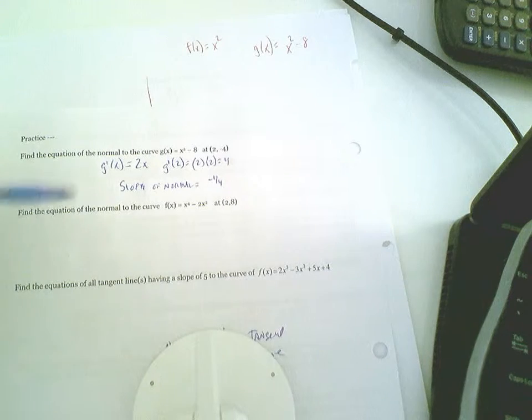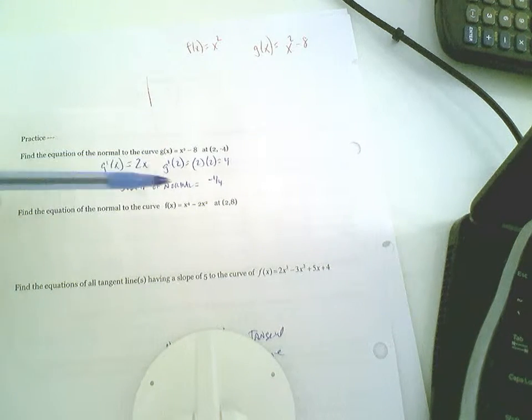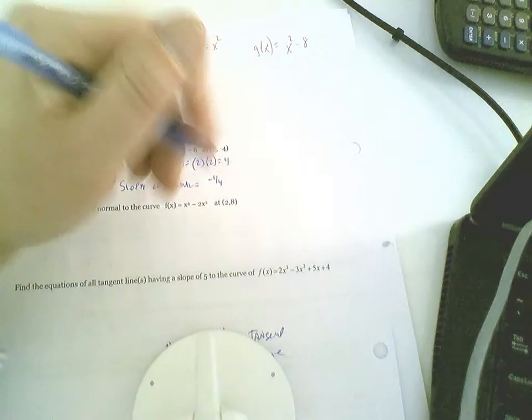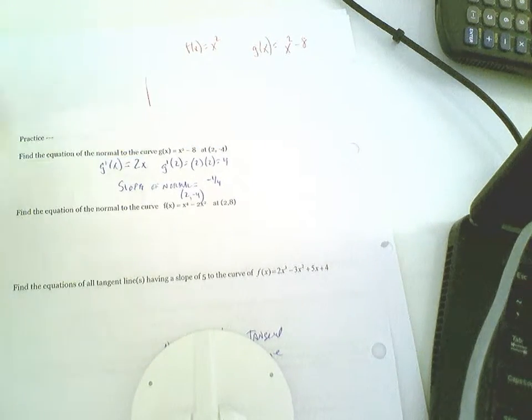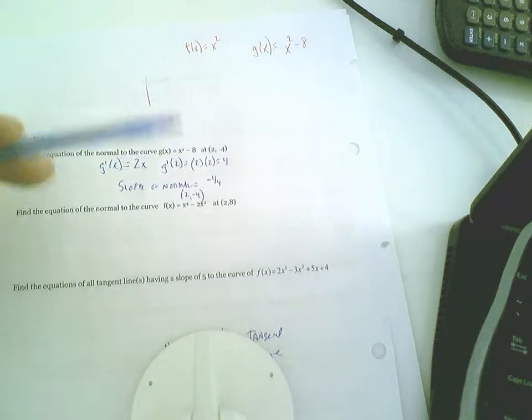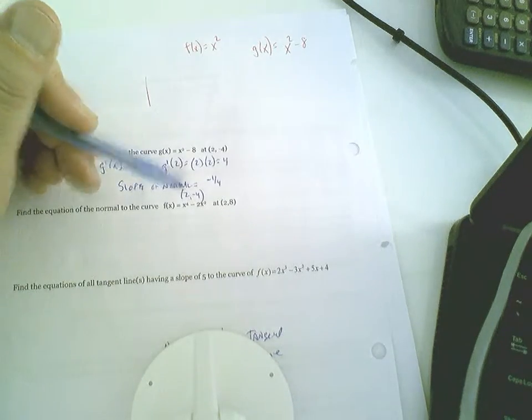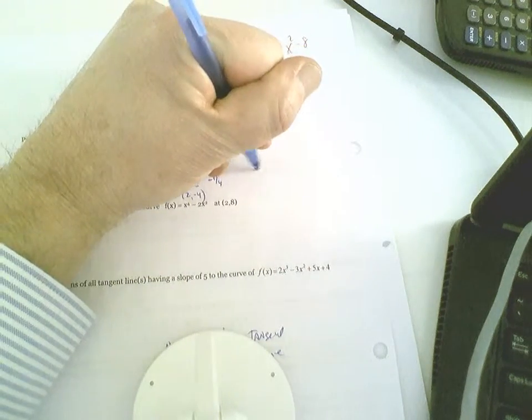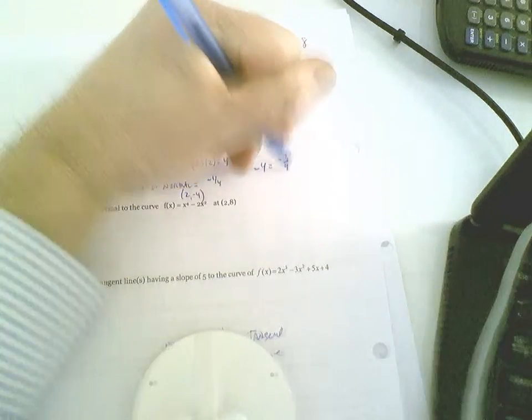And so now all I need to find is the equation of a line with a slope of negative 1/4 that goes through (2, negative 4). Again, I'm going to solve with slope-intercept form. If you like point-slope form or some of the other ways, you're welcome to do that. I just tend to use slope-intercept form as my default. I'm going to have negative 4 equals negative 1/4 times what?